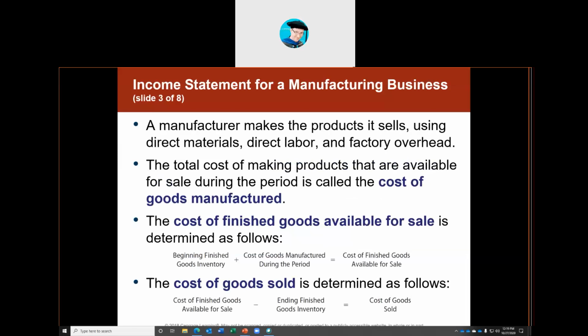In the manufacturing business, it's beginning finished goods inventory plus cost of goods manufactured equals cost of finished goods available for sale. To get to the cost of goods sold, we take cost of goods available for sale minus the ending inventory, and that equals cost of goods sold.